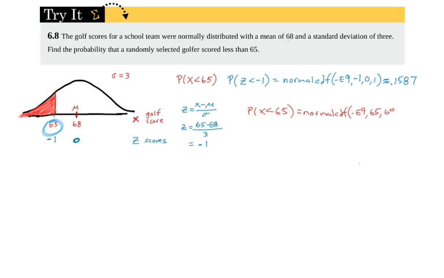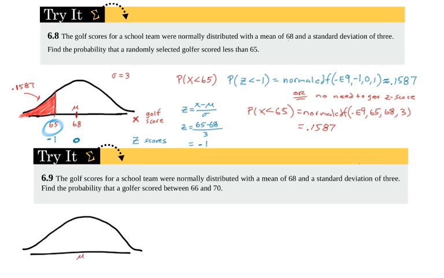But the mean is going to be 68, and the standard deviation is going to be 3. So again, using these values here, and that's going to give us exactly the same probability. So it's going to be either or of those that we could actually end up using. And I'll just write a note there that we actually don't even need to get the z-scores, but it is helpful to make sure we get those.